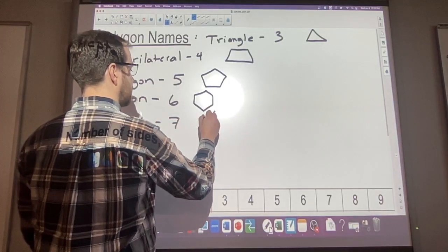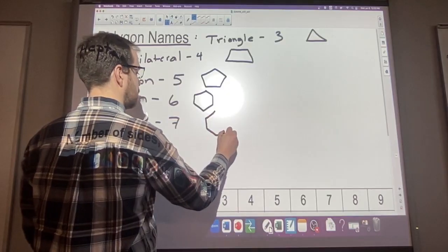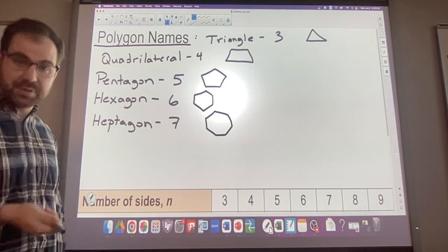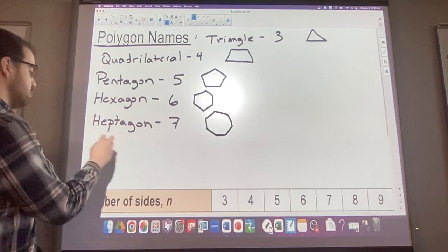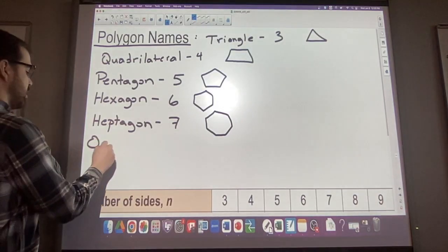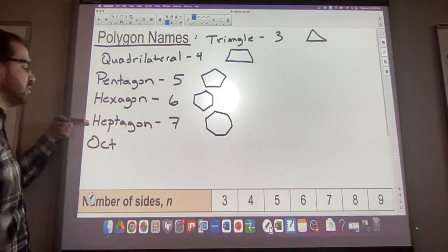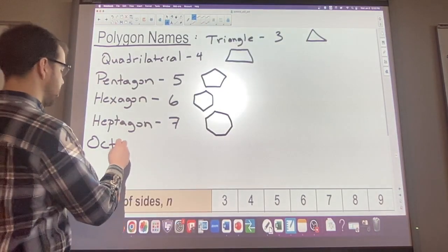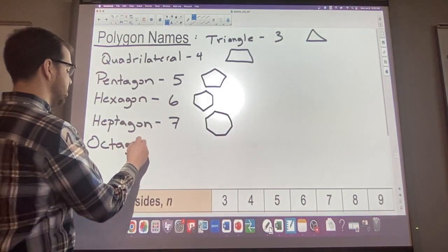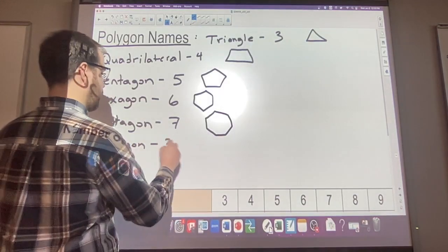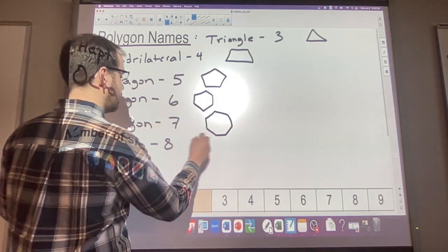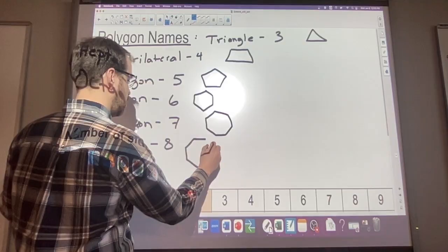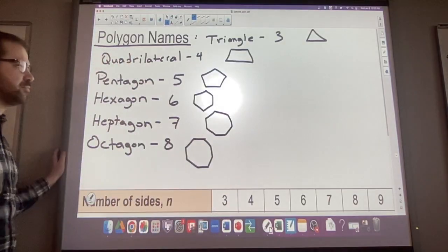So I'll do something like this. I don't know. Looks kind of odd, but it's a heptagon, 7 sides. Then we have an octagon. Oh, by the way, heptagon sometimes is called a septagon, kind of like September. Octagon is 8. And just like the stop sign. Yeah, there you go. Good enough.